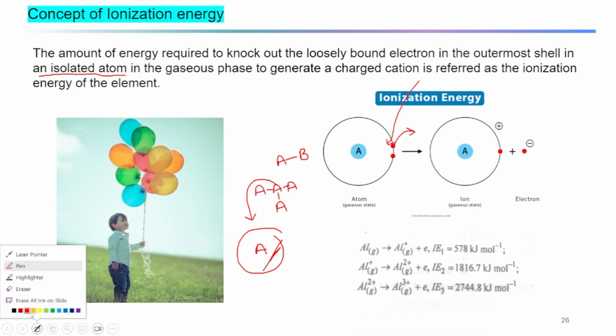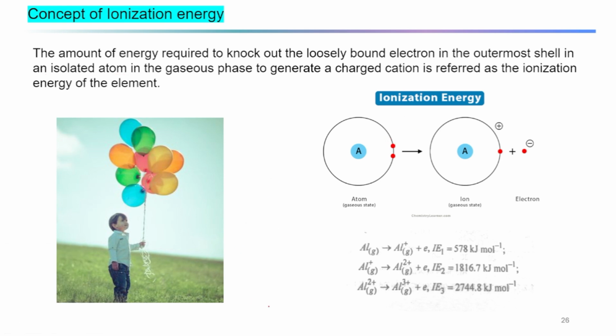Now we will see these definitions with some examples. In this case, see, aluminium. Aluminium has 13 electrons. Now what will be the arrangement? Just assume this one is the nucleus of aluminium.